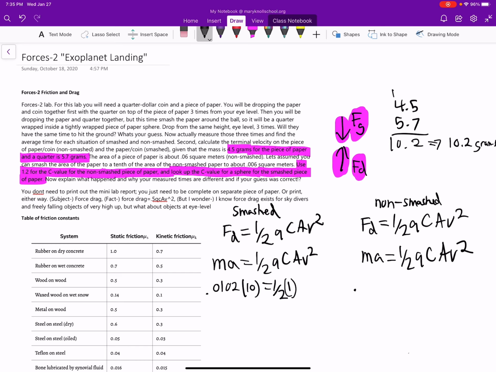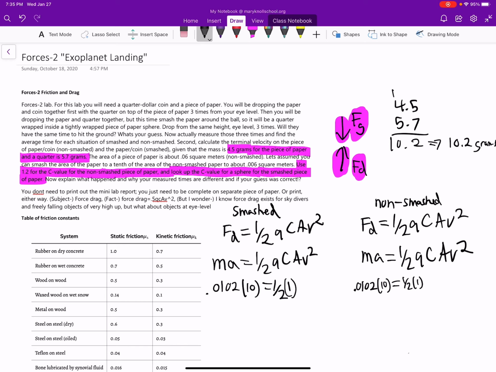Okay, 0.0102, we know that's the same. If you smash a coin around a piece of paper, it's going to weigh the same exact amount as if you just let it fall without smashing, right? It's just other things are going to change, like the C and the A value. Okay, so times acceleration due to gravity, which we already know is 10. 1/2 Q, it's on Earth, doesn't matter.